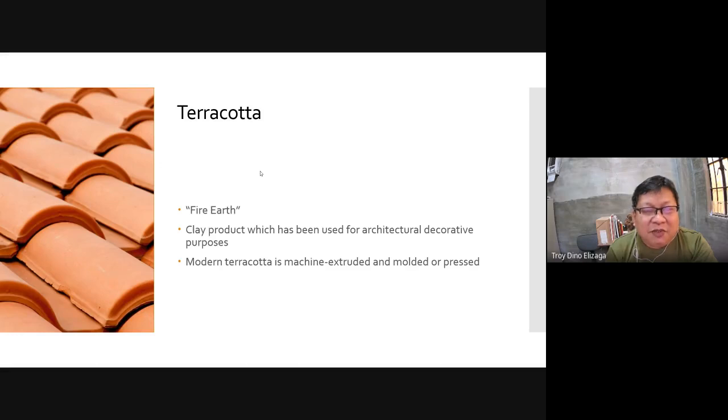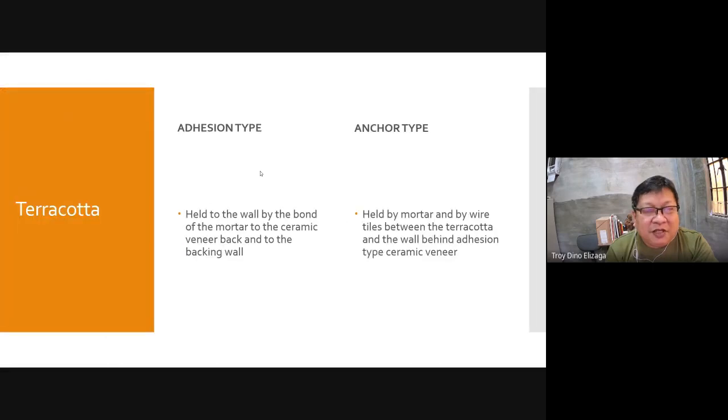No? That's why people sometimes call it terracotta. There are two types of terracotta: the adhesion type and the anchor type. The anchor type basically needs some mechanical assistance, wires, for example, to keep it in place. The adhesion type, you have to put some mortar to make it stick.